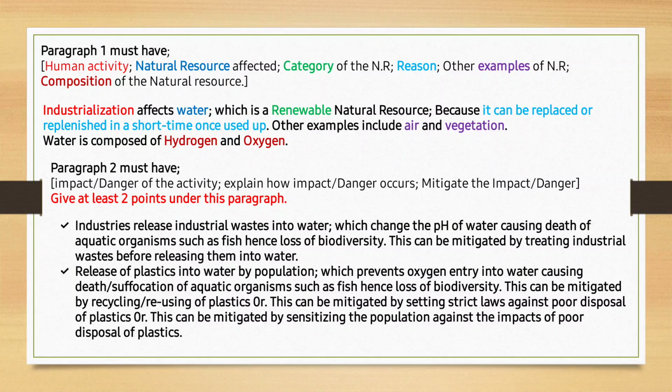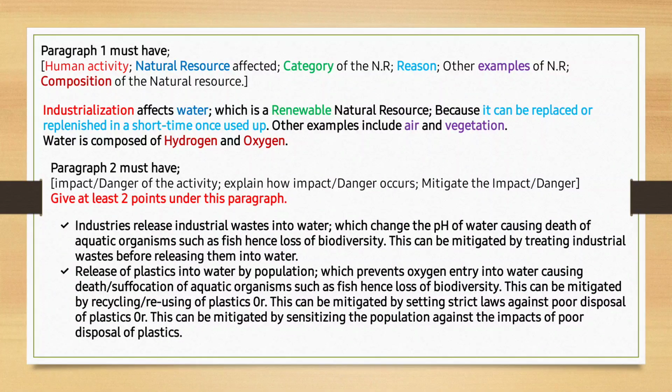My second point: release of plastics into water prevents oxygen from entering into water, causing death or suffocation of aquatic organisms such as fish, hence loss of biodiversity. This can be mitigated by recycling or reusing plastics, or by setting strict laws against poor disposal of plastics, or by sensitizing the population against the impacts of poor disposal of plastics.